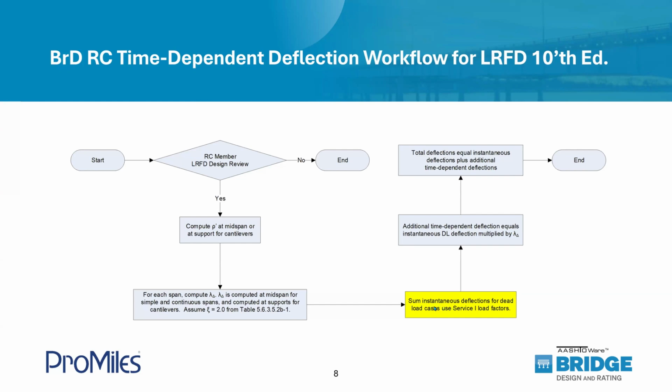Before we get to here, we calculate these lambda d factors. Then we multiply these deflections by the lambda d factor calculated here. This gives us the additional time-dependent deflections, and the total is just the sum of the instantaneous plus the time-dependent.